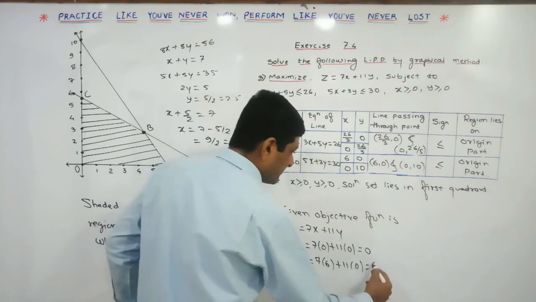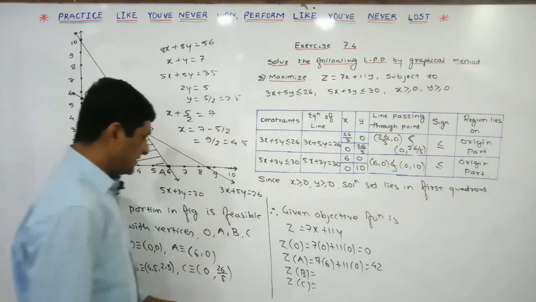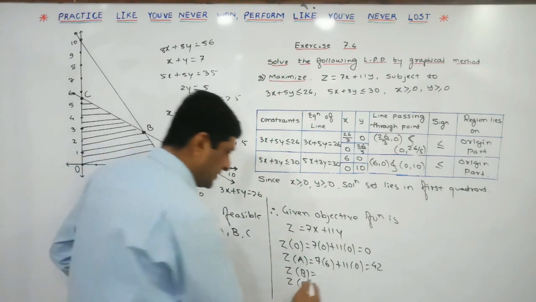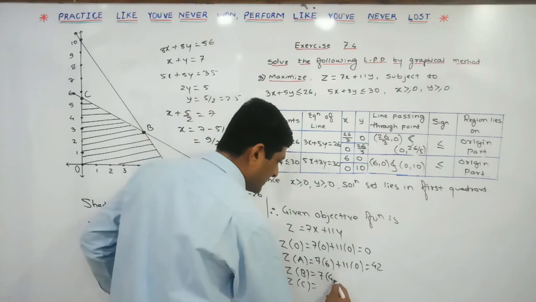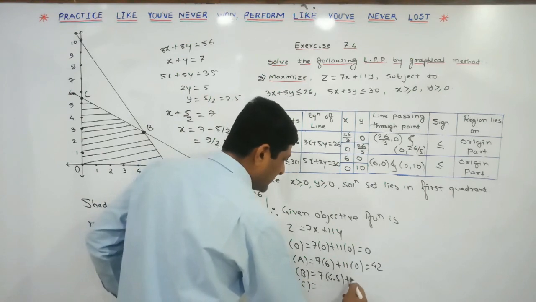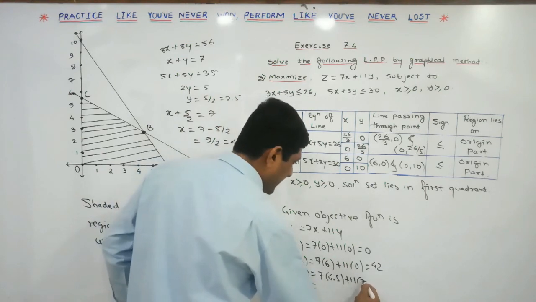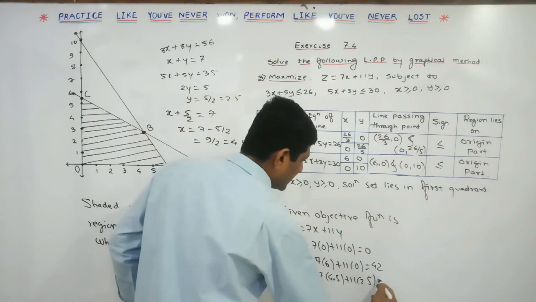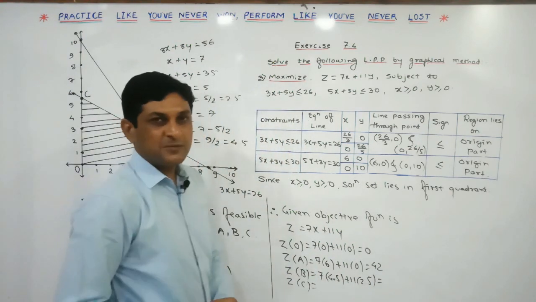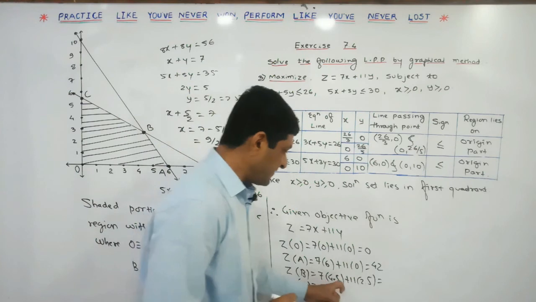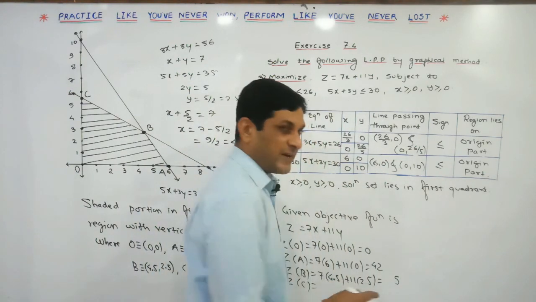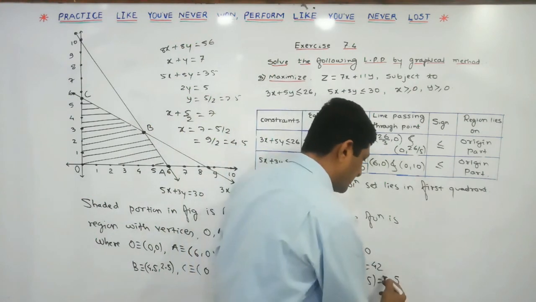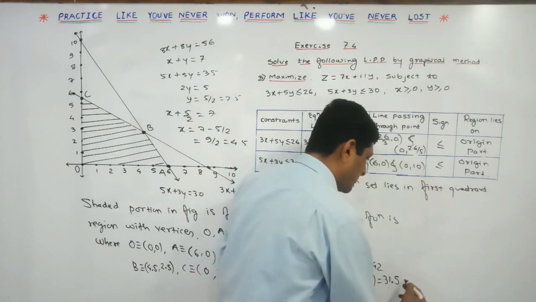So here x will get replaced by 6 and y will get replaced by 0. So 7 sixes are 42. Now observe the coordinates of point B. So here 7 into the x coordinate 4.5 plus 11 into the y coordinate 2.5 is equal to, the remaining part is calculation. Let us perform this calculation. 7 fives are 35, carry 3, 7 fours are 28, 28 plus 3 is 31, so 31.5.